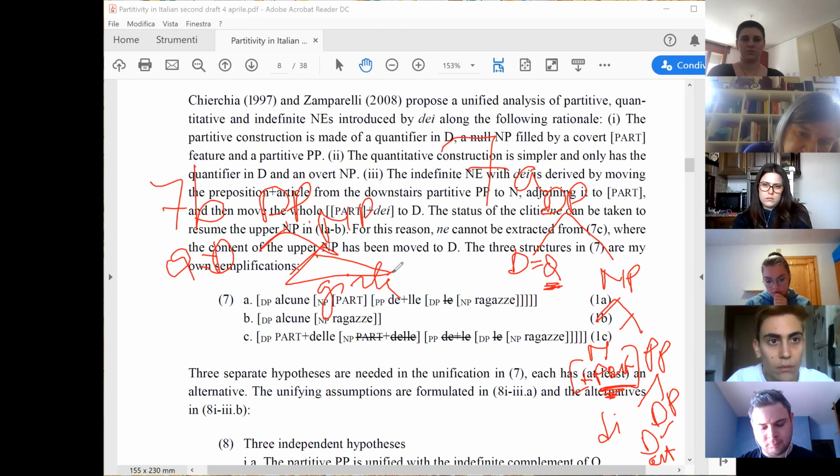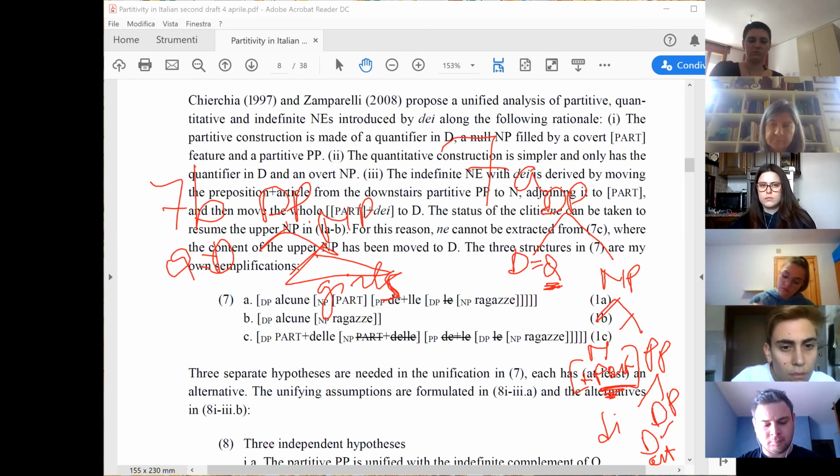Is this okay, even if I'm writing on top? Can you see it? Can you make sense of the structure?